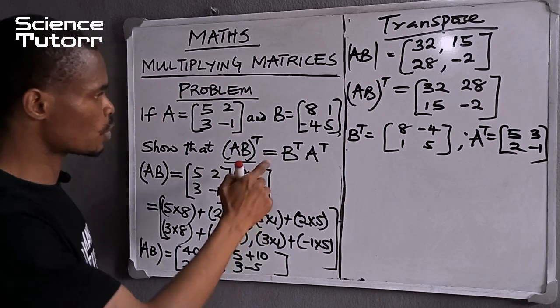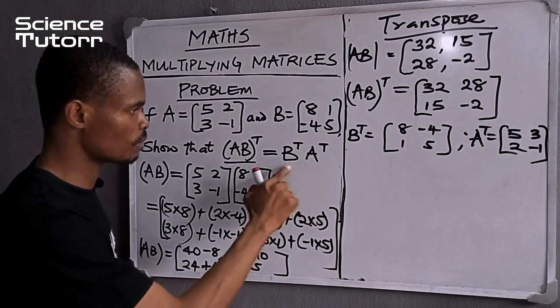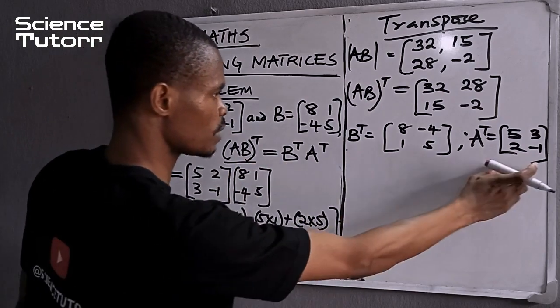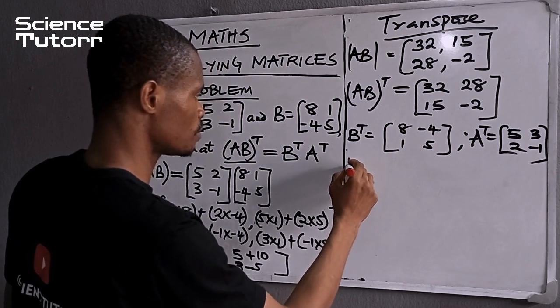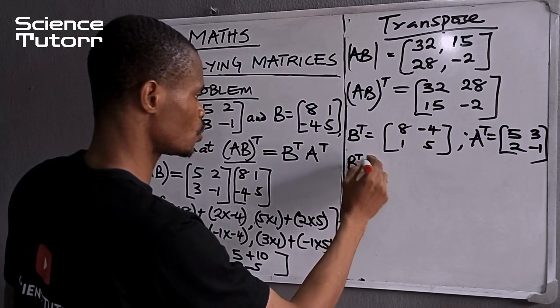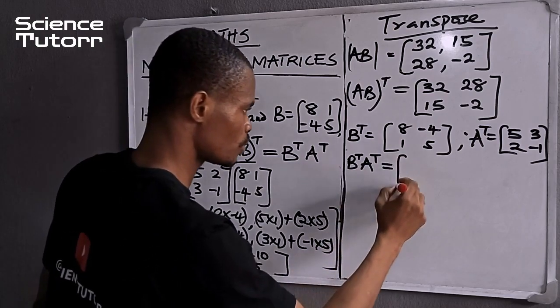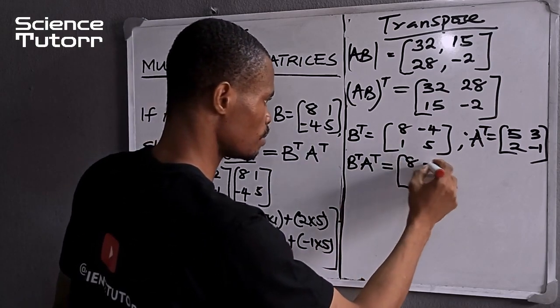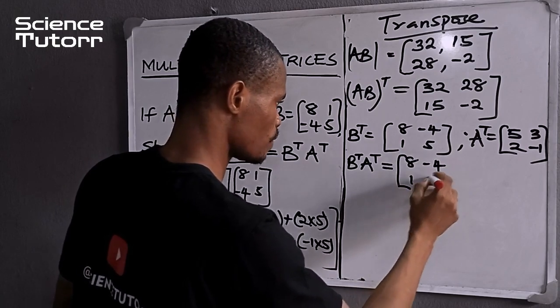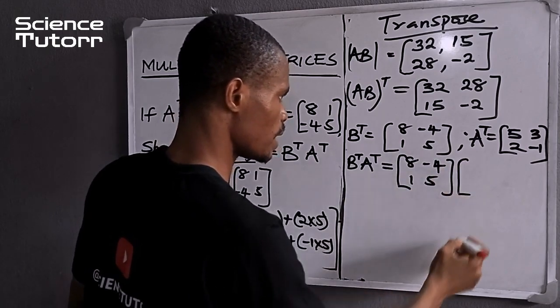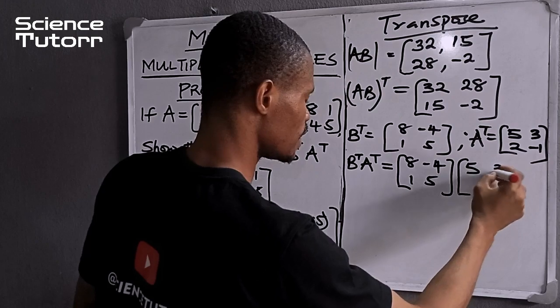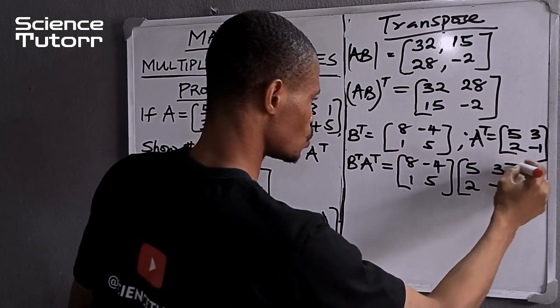At the end of it, what we do is we multiply both of them directly, this times this. So we have B transpose times A transpose equal to 8, minus 4, 1 and 5, multiplied by 5 and 3, 2 and minus 1.